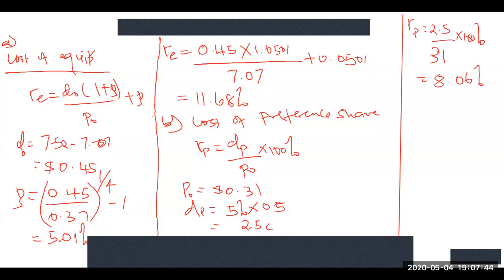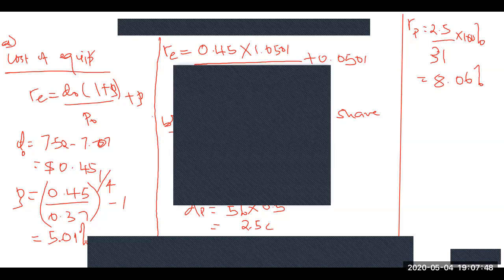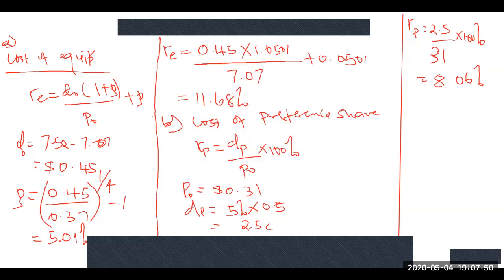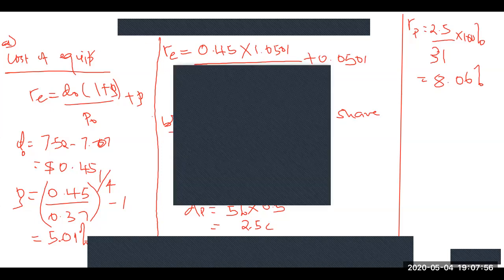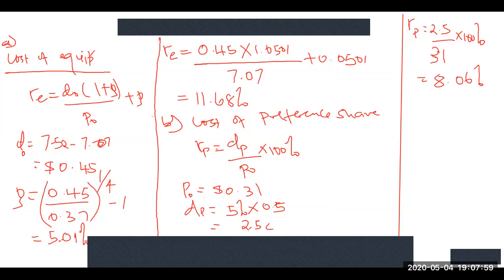Okay, therefore 8.06% is the cost of the preference share. Thank you, Susan, for that. I'm presupposing that all of you also did get that when it comes to getting the cost of preference share.